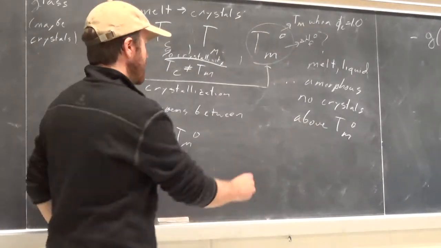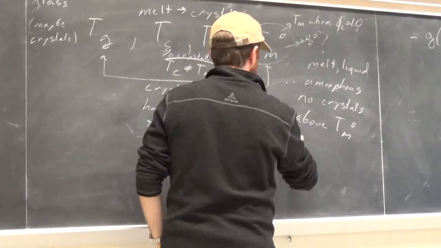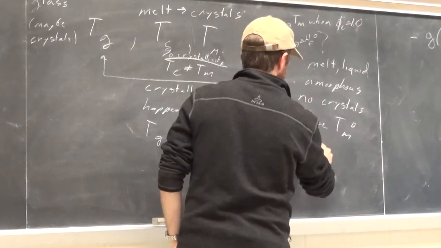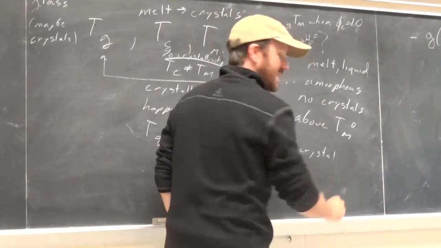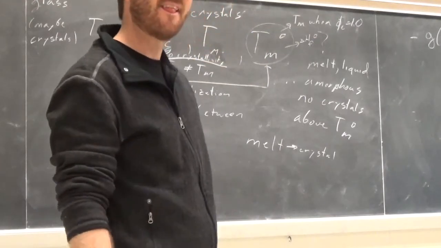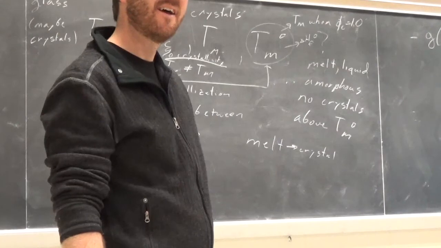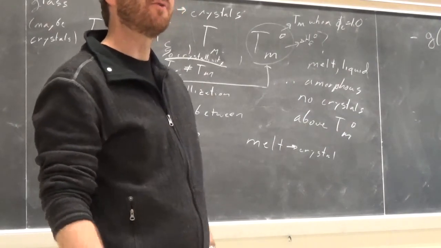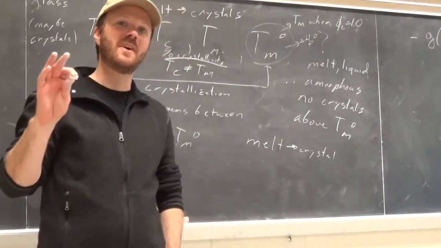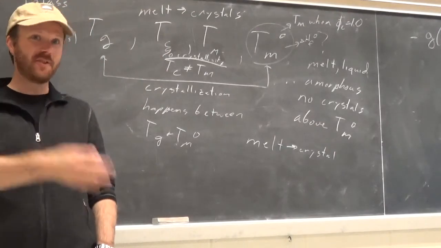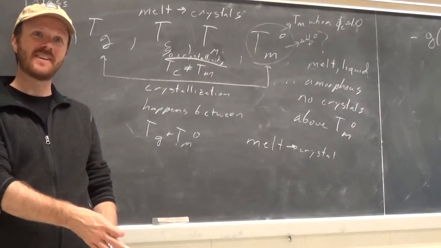Yeah. So in order to crystallize, we have to melt it first. What's that? In order to melt something, you need to have a crystalline phase first, right? Oh, right.